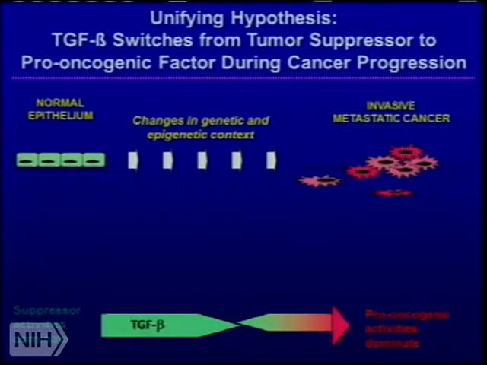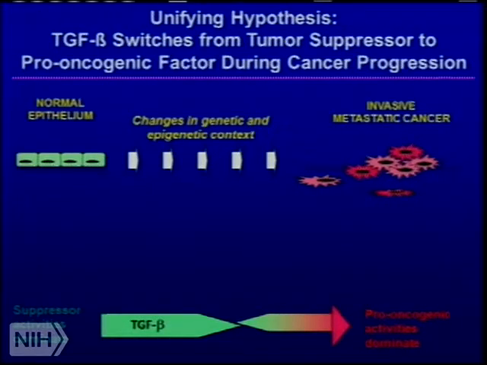So how do we unify all this? Well, there's a current unifying hypothesis which uses the ability of TGF-beta to switch from being a tumor suppressor to a tumor promoter, a pro-oncogenic factor, during cancer progression. And how does it do this?